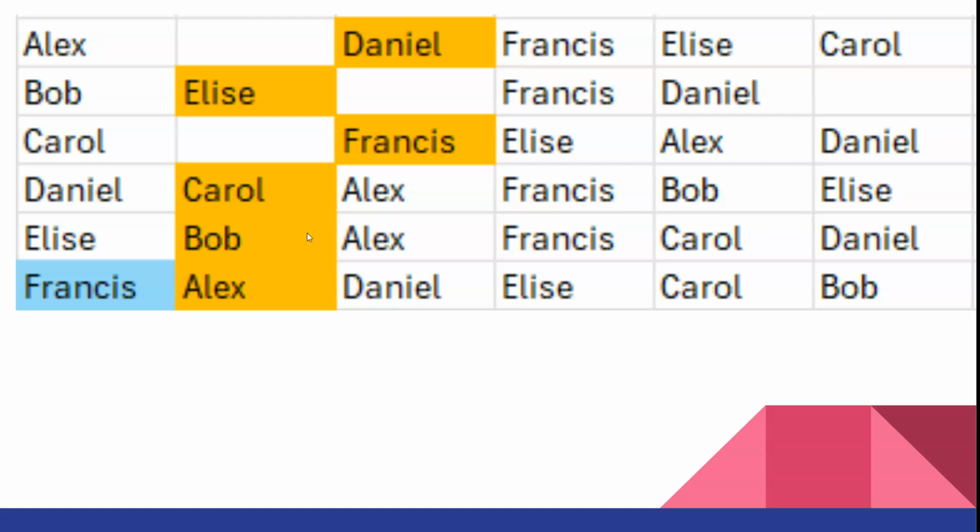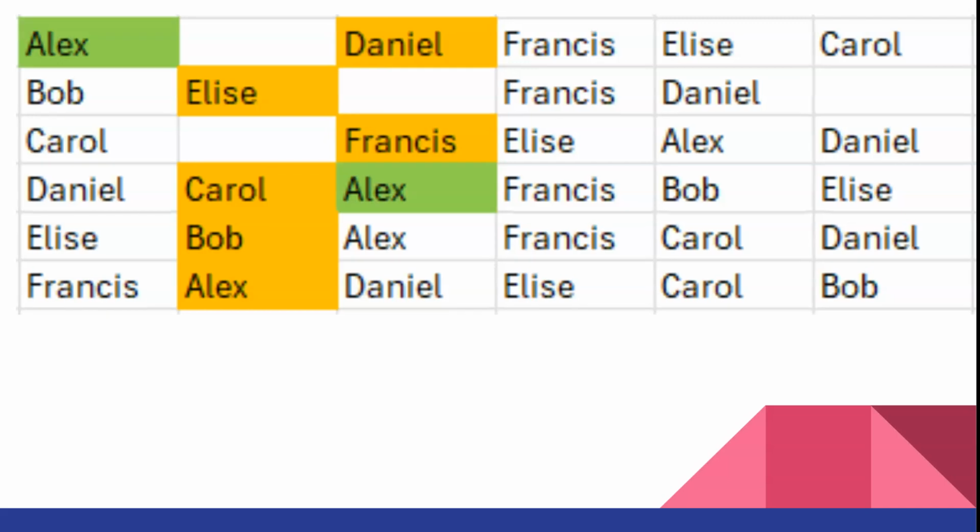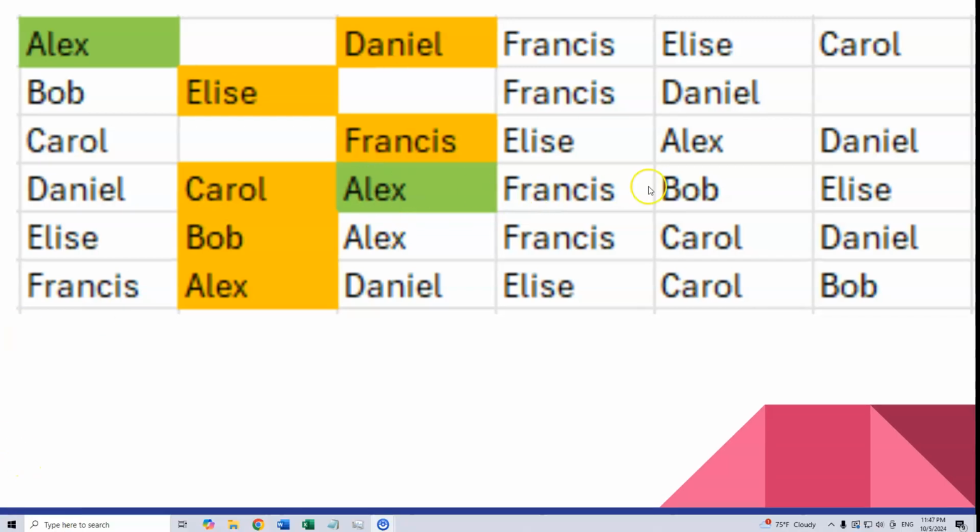And now Francis proposes to Alex, and since Alex has no proposals, this proposal will hold. So now we must check which things to remove.